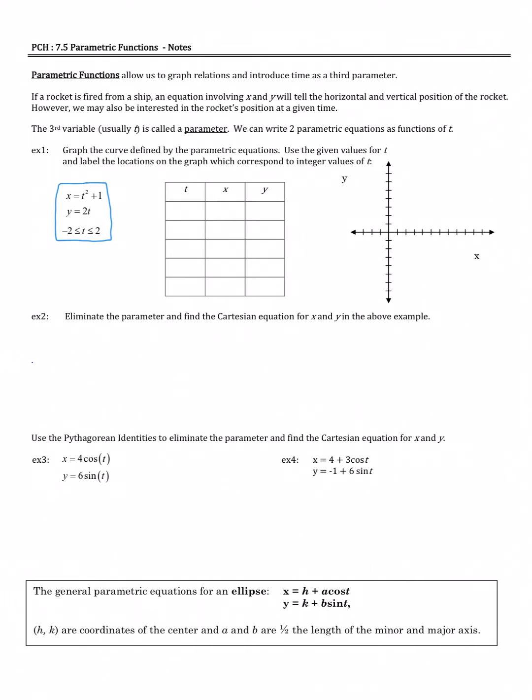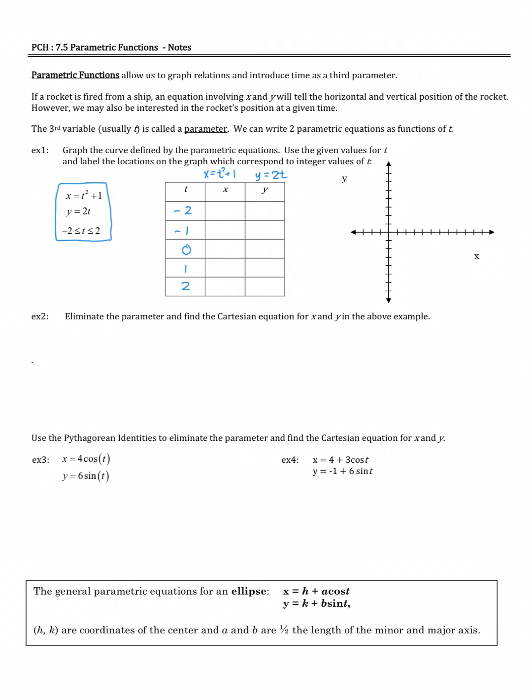So what we're going to do is first fill out this table. If our time is from -2 to 2, we're going to fill this out with that sequence. And then above, I always like to write my equations, and we're going to then fill out time and come up with traditional XY coordinates that we can graph.